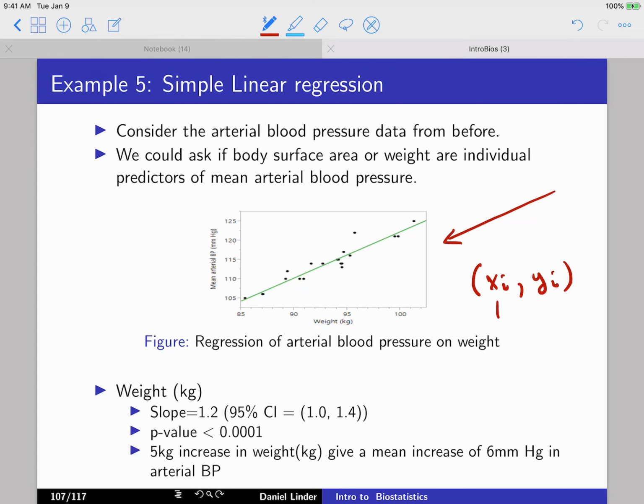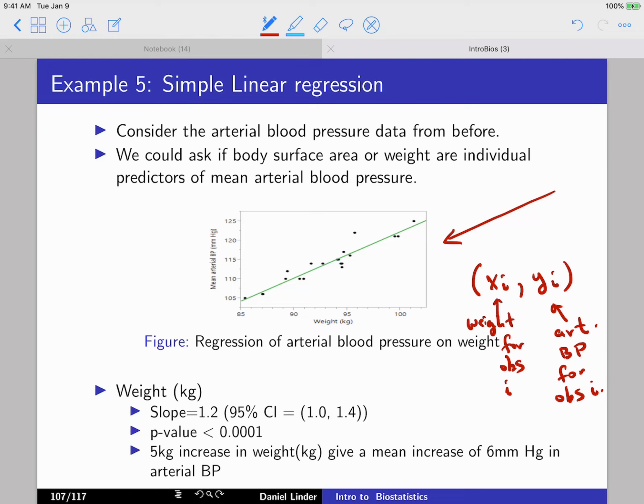Okay, so xi would be weight for observation i, and this y would be arterial blood pressure. I'll abbreviate arterial blood pressure for observation i.